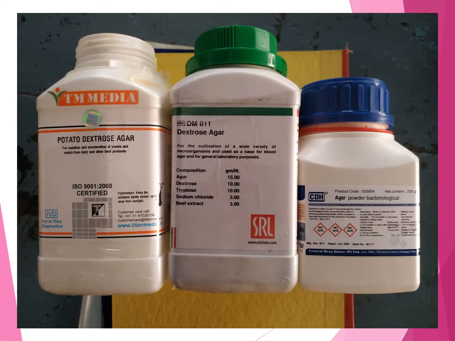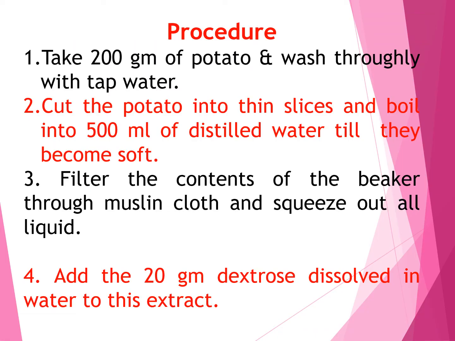You can see these are the chemicals used and the composition of PDA, that is dextrose, agar. So what is the procedure? First you take 200 gram of potato, wash them thoroughly and cut the potato into thin slices and boil in 500 ml of distilled water till they become soft.